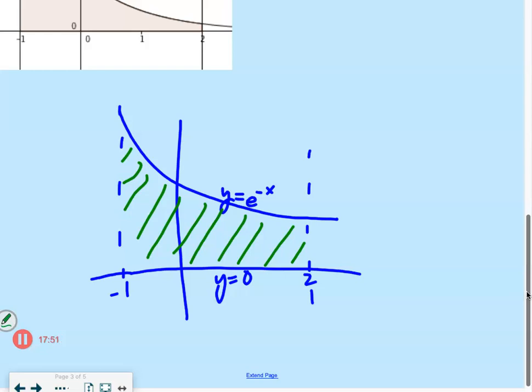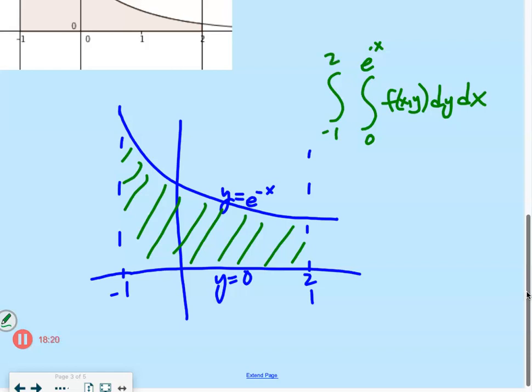If I was doing this dy dx, then y goes from something to something. So lower boundary is 0, upper boundary is e to the negative x. Beginning x value is -1, ending x value is 2. Done, right? That's dy dx.